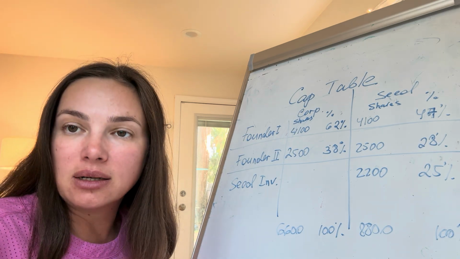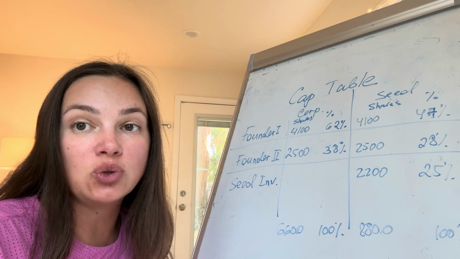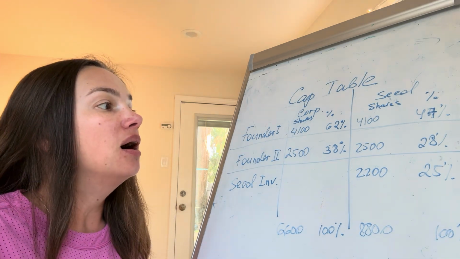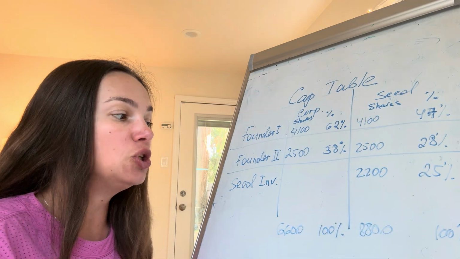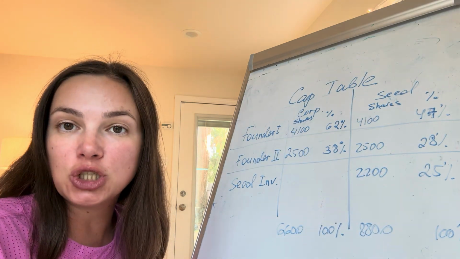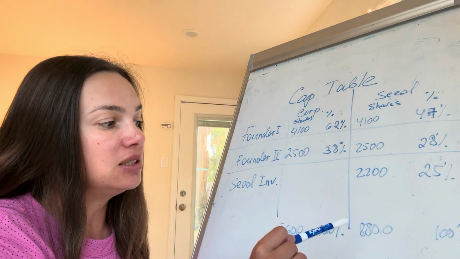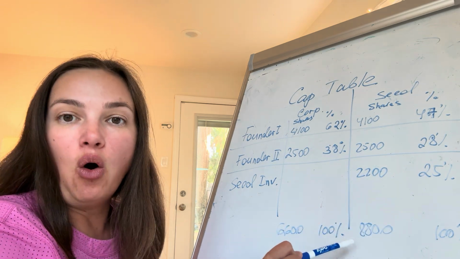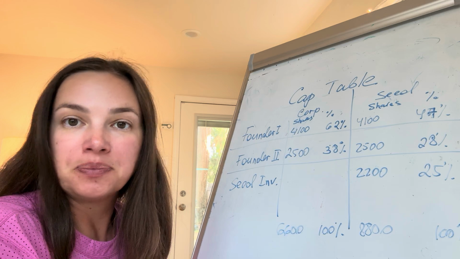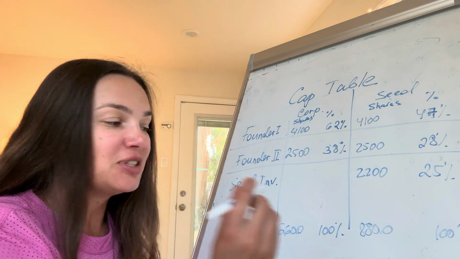How many shares do we give to that investor? Based on the percentage ownership, we have to issue shares that in total will be 25% of the total. So basically it's simple math.